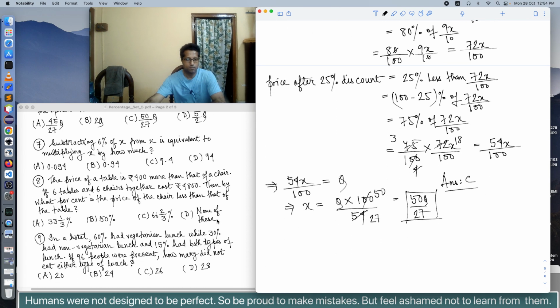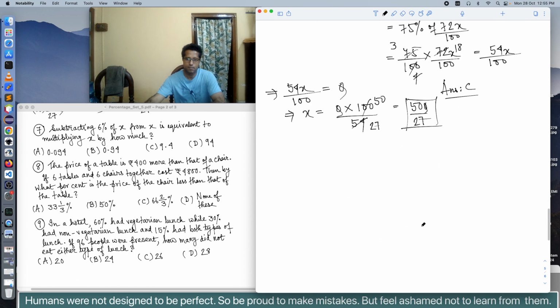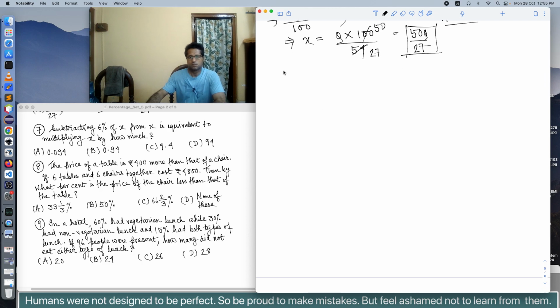Okay, let's do problem number 7. Subtracting 6% of x from x is equivalent to multiplying x by how much?